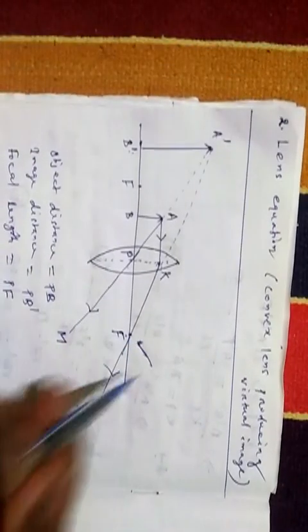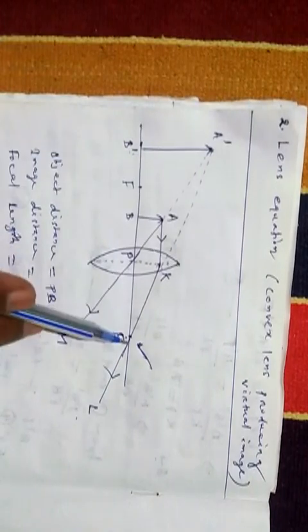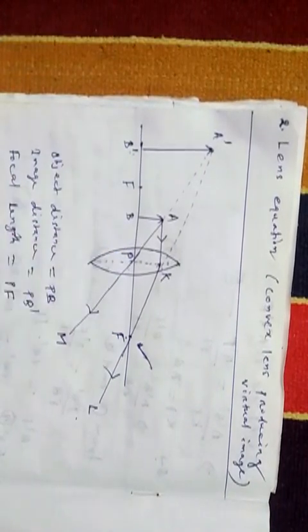Remember, you will take this focus. So equation 4 can be written as PB dash by PB is equal to PB dash plus PF by PF. Equation number 5.